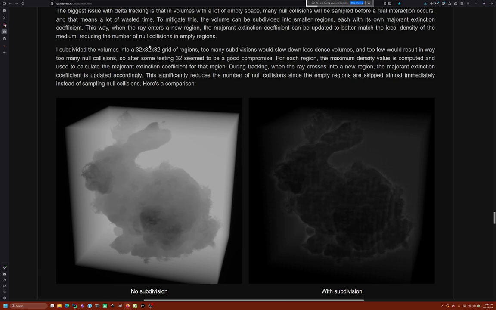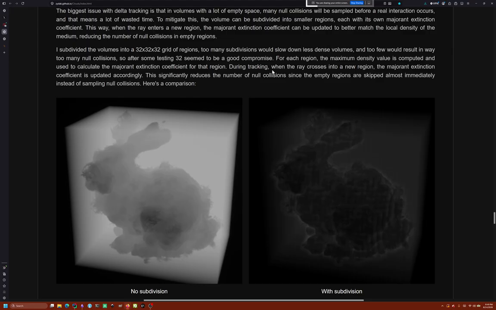So if we subdivide the volume into 32 by 32 by 32, too many and it becomes very dense. For each region, the maximum density value is computed and used to calculate the maximum extinction coefficient for that region.